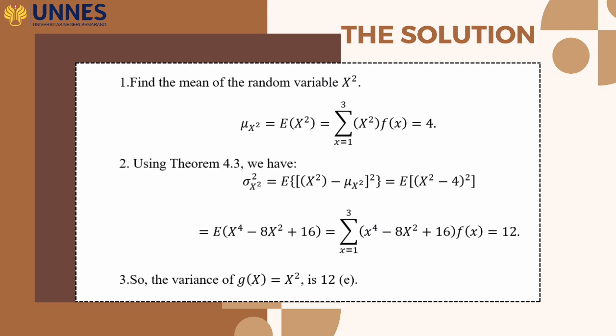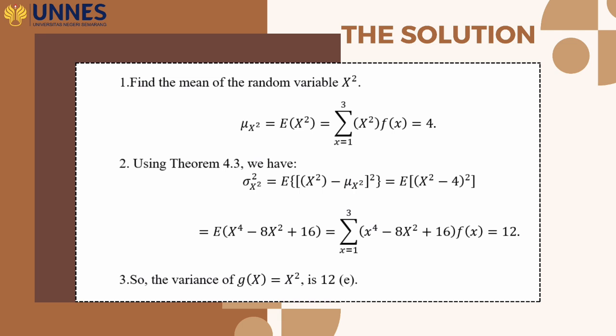Like before, we substitute x from 1 to 3: (1 to the power 4 minus 8 times 1 squared plus 16) times 0.5, plus (2 to the power 4 minus 8 times 2 squared plus 16) times 0.2, plus (3 to the power 4 minus 8 times 3 squared plus 16) times 0.3.